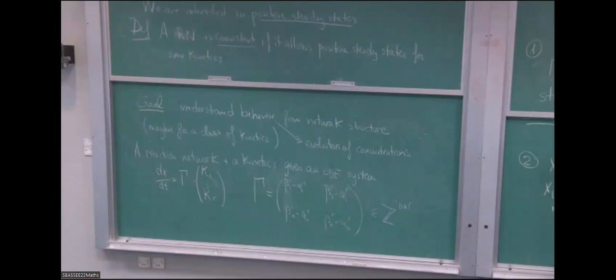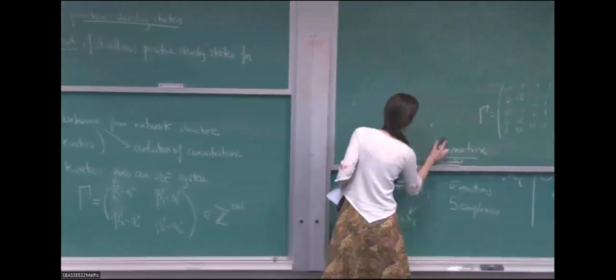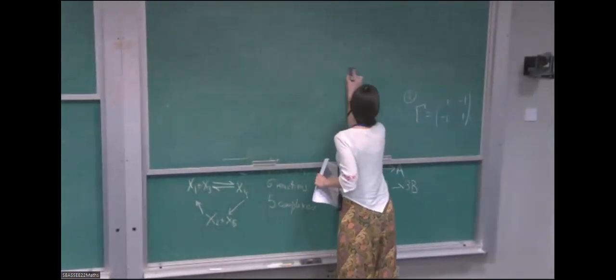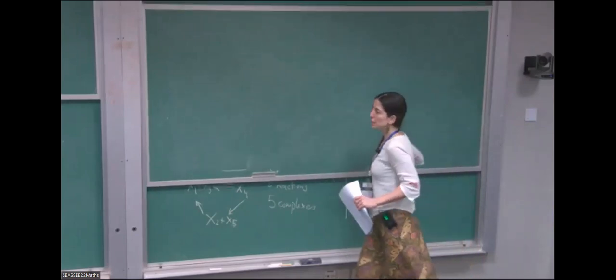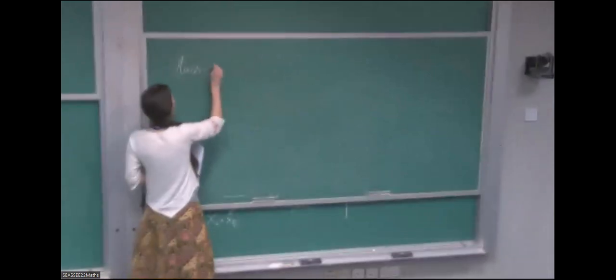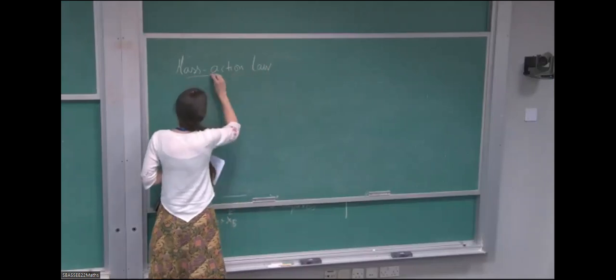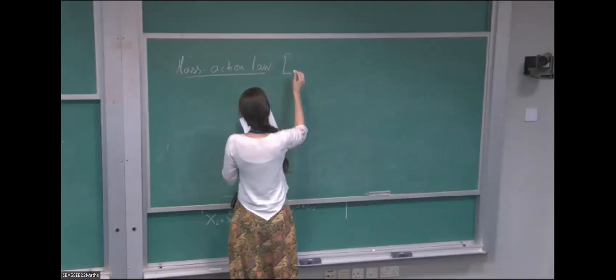Now I said we want some algebra and some algebraic geometry. And this comes when I consider a certain kind of kinetics that is called mass action.